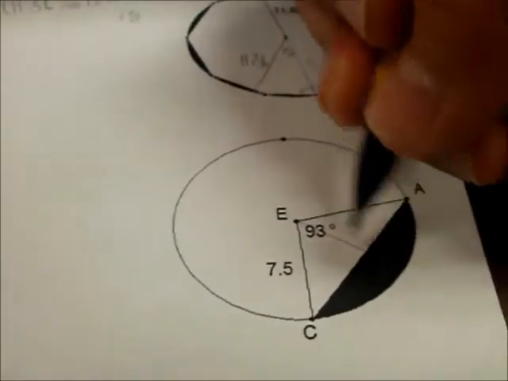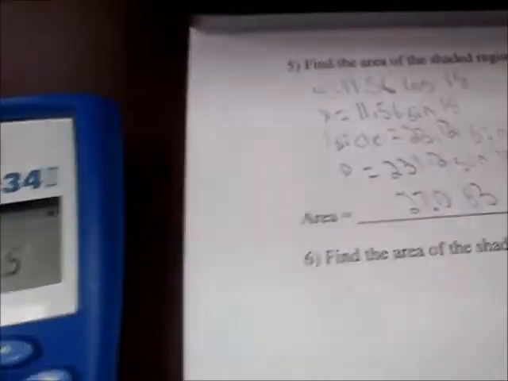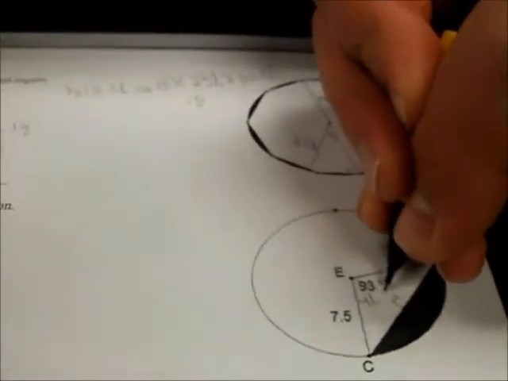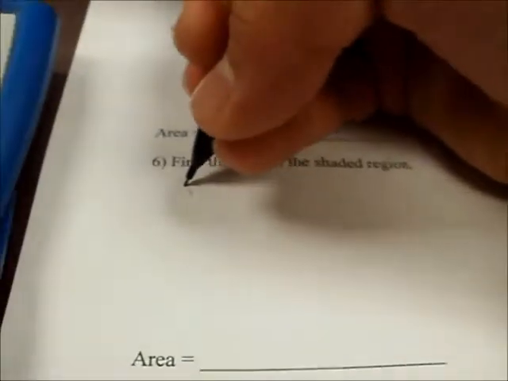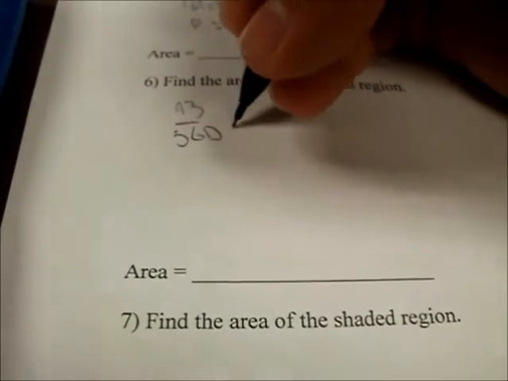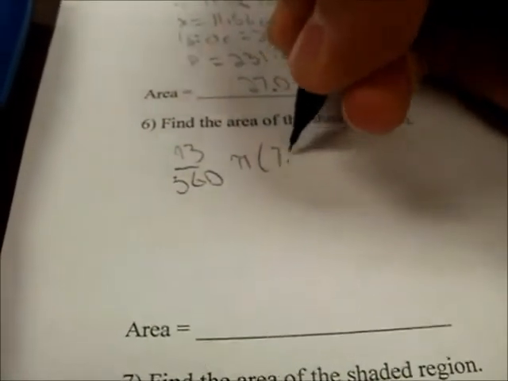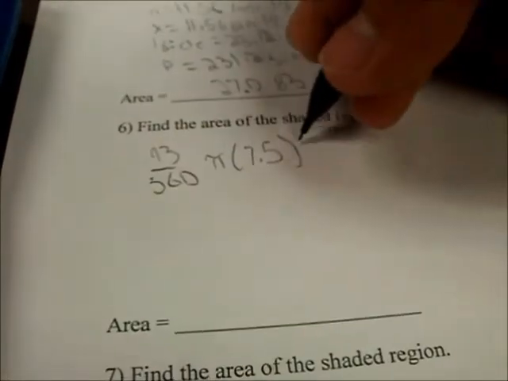For question 6, we want to find the area of a shaded region. So first thing we want to do is solve for the entire circle. So you get 93 over 360 times pi times 7.5 squared. And that'd be the arc, I believe. And you'll subtract from that half times 15 sine of 46.5 times 7.5 cosine of 46.5.